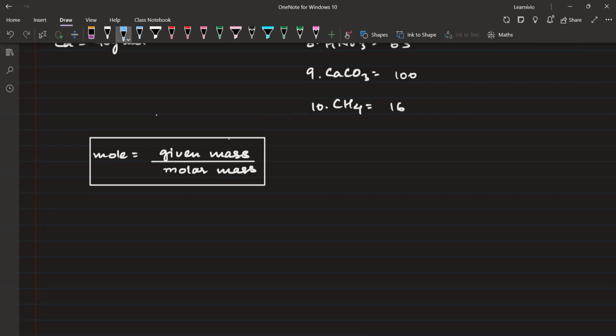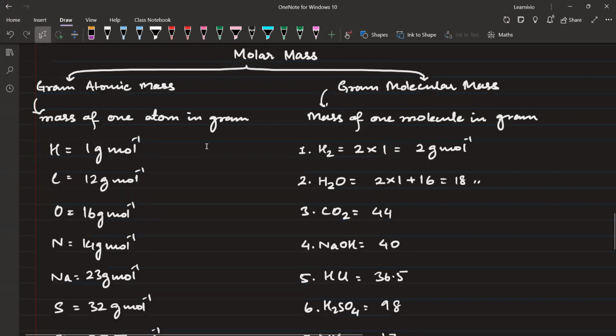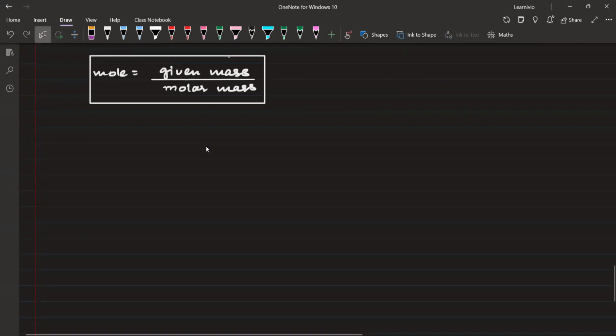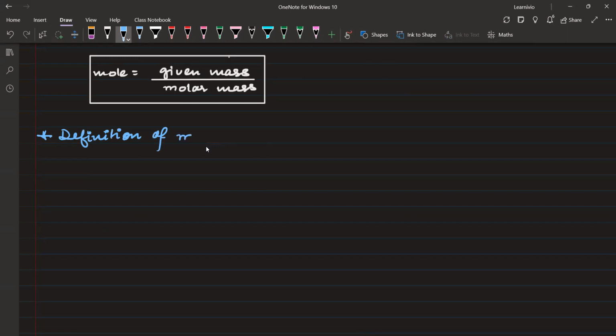Next, you can write the definition of mole as volume of gas. Okay, please write.